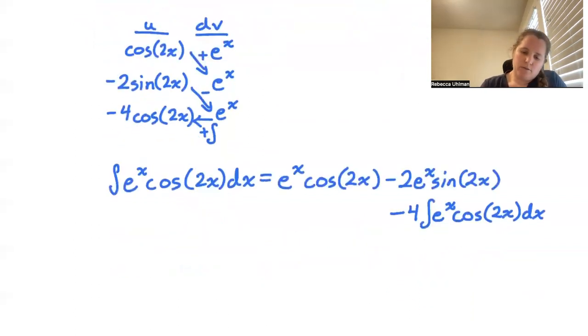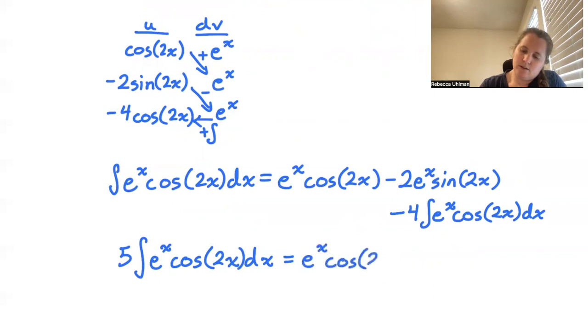So we have 5 times the integral of e^x cosine of 2x dx is equal to e^x cosine of 2x minus 2e^x sine of 2x.